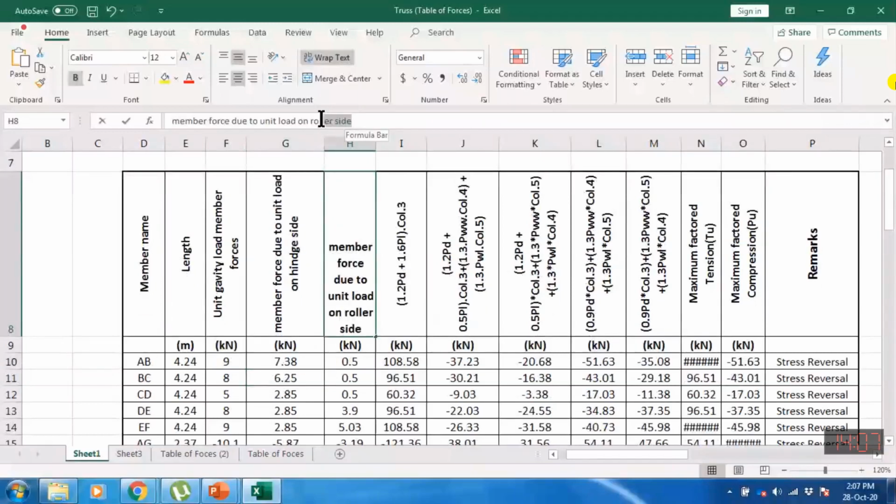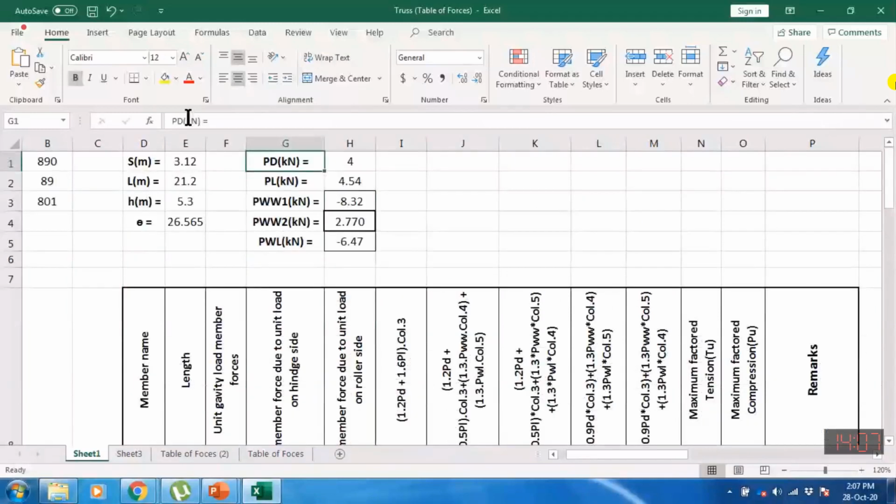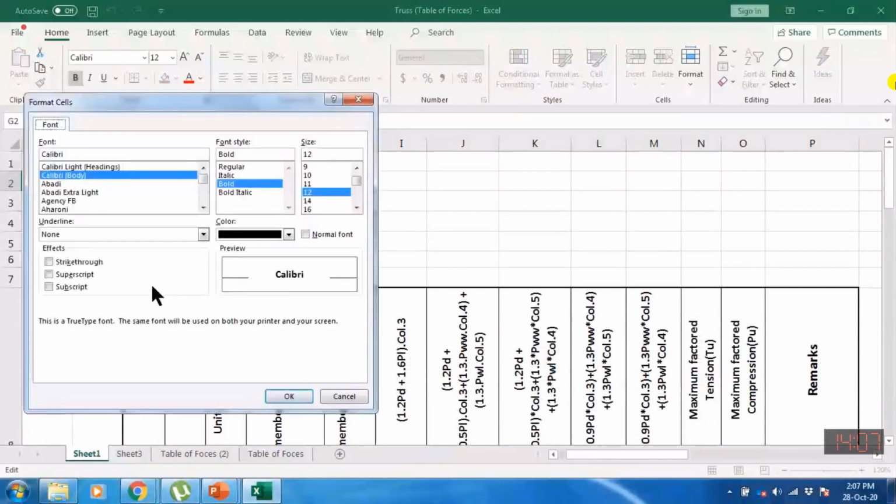Okay, in these columns, this student has written panel dead load and live load, and here he has written panel dead load and live load. He has performed the calculation on his design register, just like here.